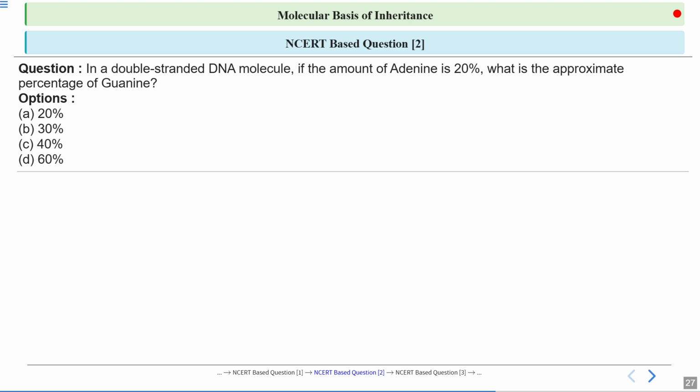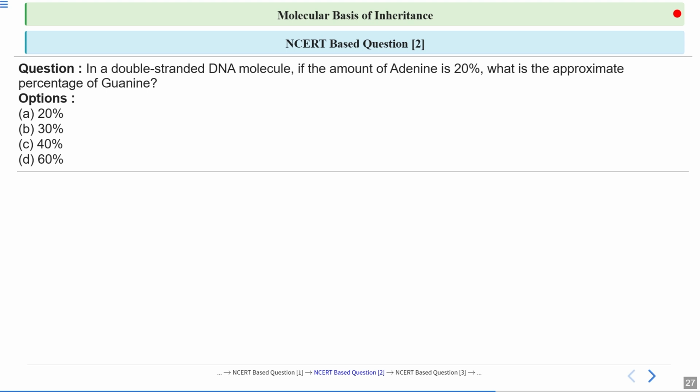So now what will happen? How much percentage is left? 100% is the total, and 40 has been taken by adenine and thymine. So if you do 100 minus 40, what will be left? 60. So now 60% is what guanine and cytosine are going to occupy.